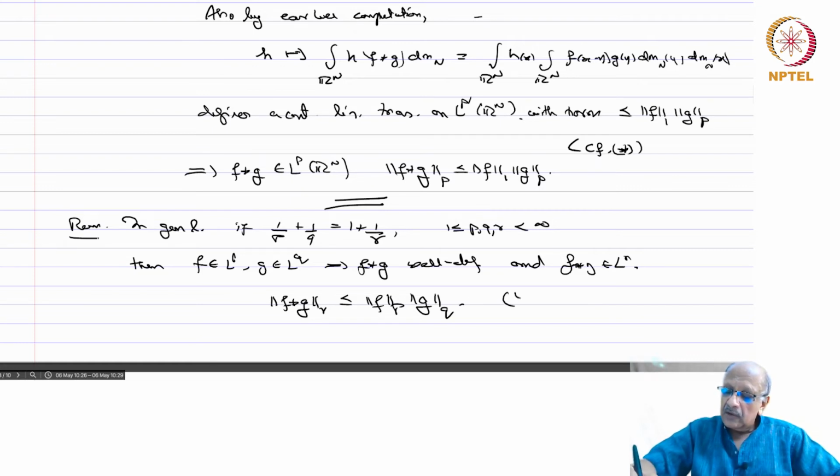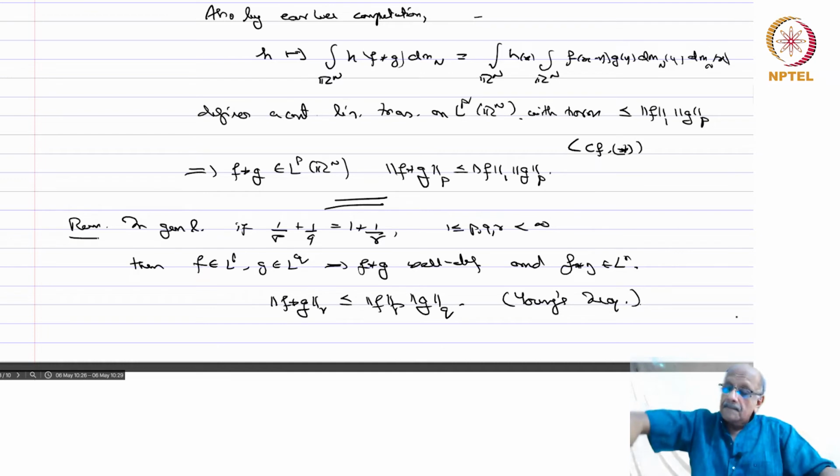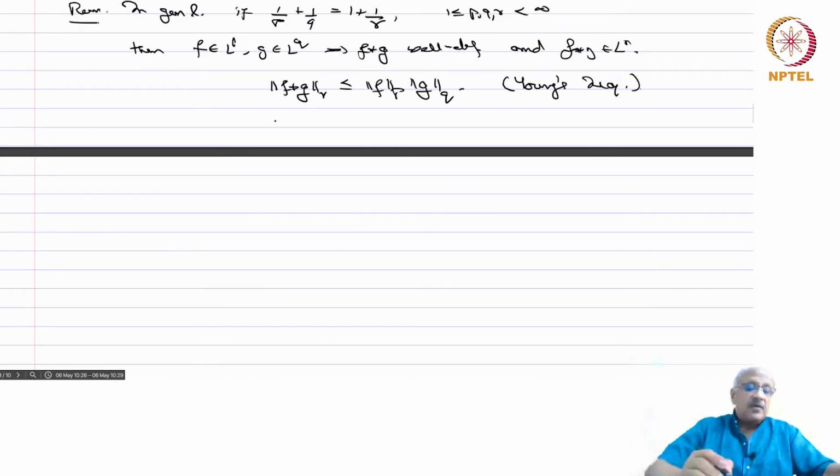This is called Young's inequality. So what we have proved so far is a particular case of Young's inequality.